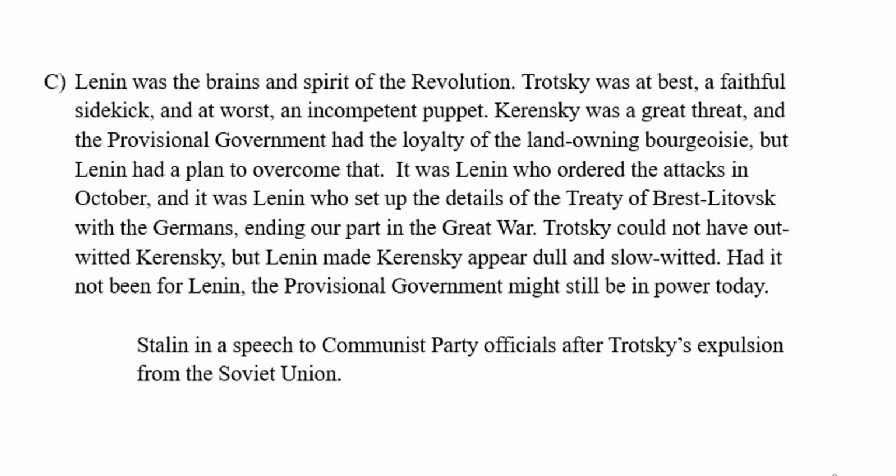Of course, Trotsky was the one that delivered him to the Germans, but Lenin told Trotsky what to do. Trotsky could not have outwitted Kerensky, but Lenin made Kerensky appear dull and slow-witted. Had it not been for Lenin, the provisional government might still be in power today. So clearly, whatever you think about Stalin's widely apparent bias, this document indicates that it challenges the statement.